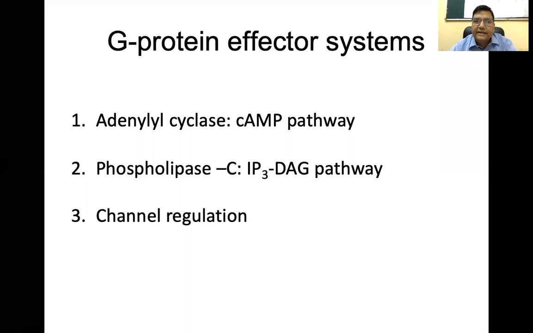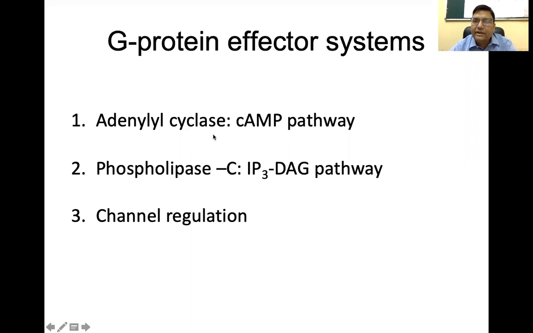So basically, G protein coupled receptors follow three pathways. One is the adenyl cyclase pathway, through which the G stimulatory and the G inhibitory protein act. G stimulatory activates this pathway, G inhibitory inhibits this pathway. Then GQ acts through the phospholipase C, inositol triphosphate, diacylglycerol pathway.